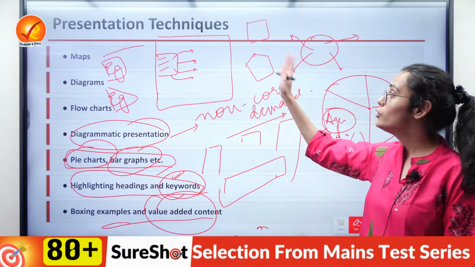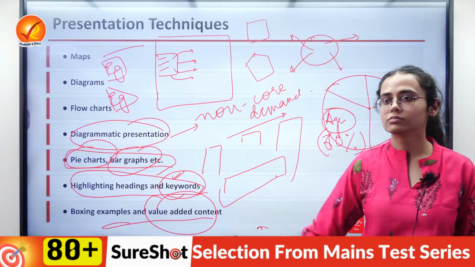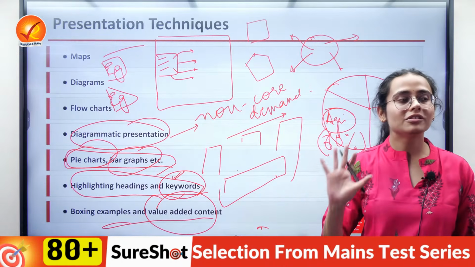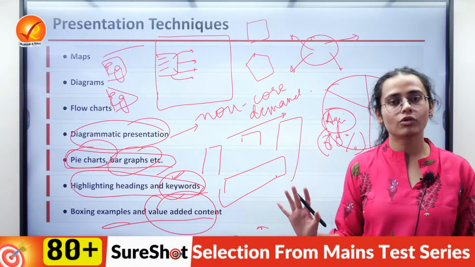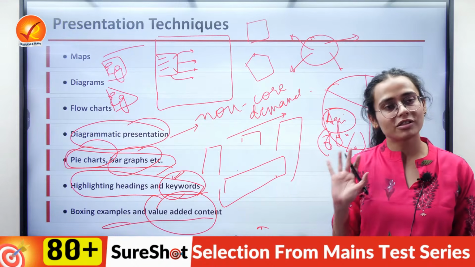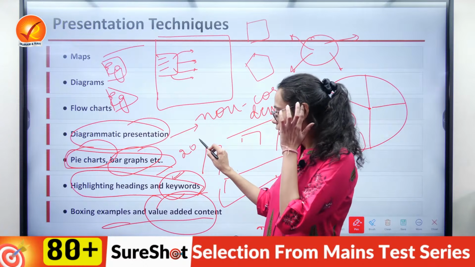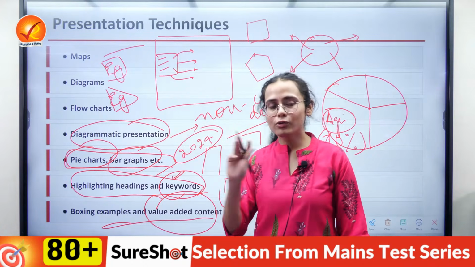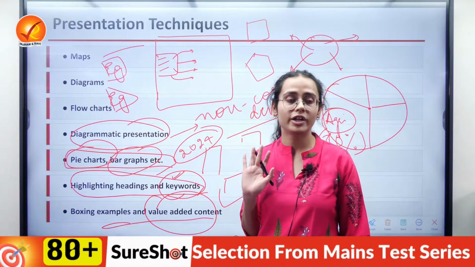So, this is how you have to present yourself. Understood? Only if there is a scope to draw the diagrams. If you do not find the scope, do not go for it just for the sake of going for it. Like in 2024, in the ethics paper, I did not draw a single diagram because I personally did not find any scope.